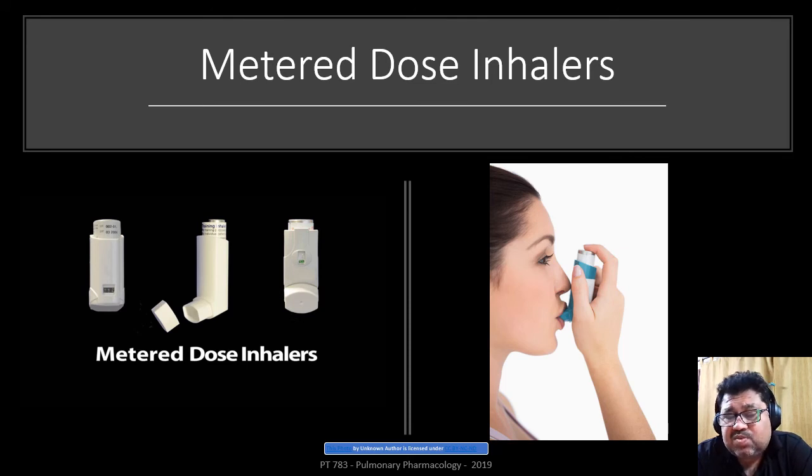That's why a drug that is swallowed will be subject to first pass. A metered dose inhaler bypasses the first pass effect and delivers a drug topically directly to the lungs.